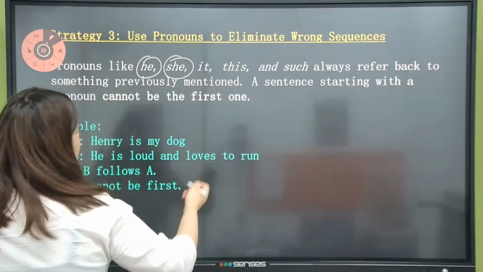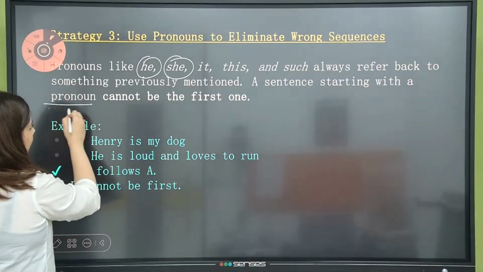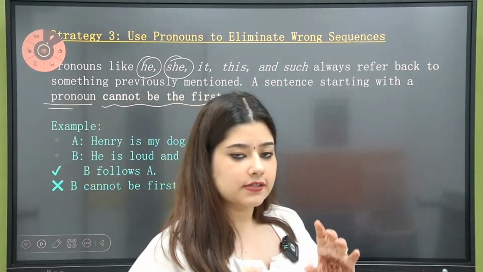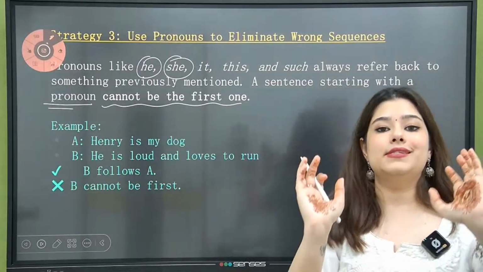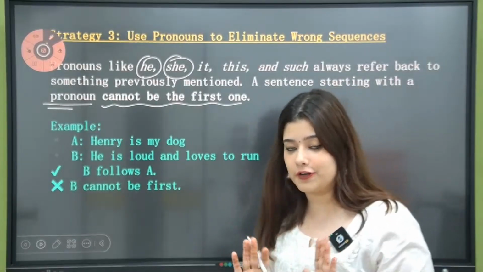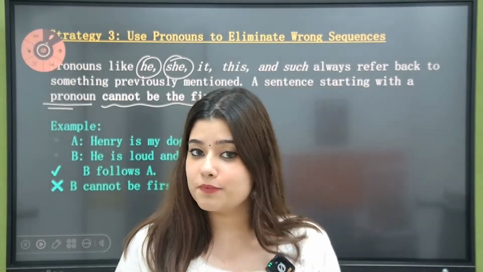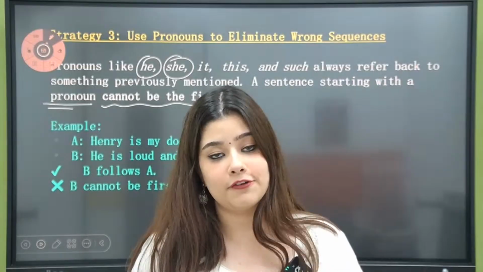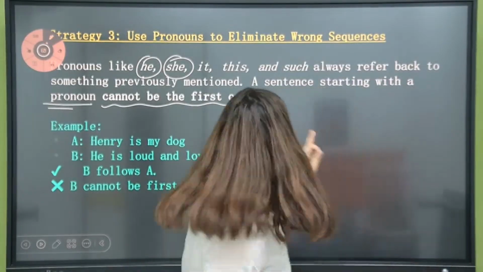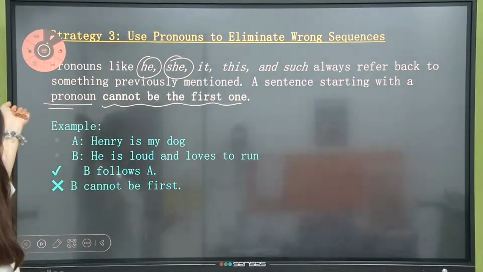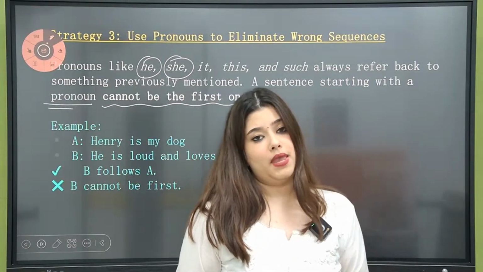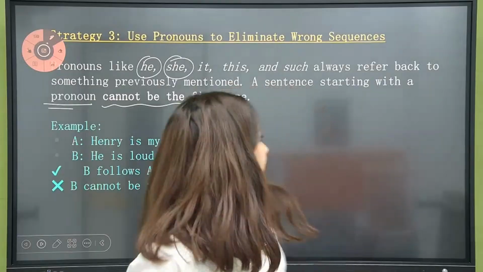So, a sentence starting with a pronoun cannot be the first one because, as we discussed, the introductory sentence should not require any prior reference or context. It should be self sufficient, it should make sense without any prior context. So, it is unlikely that sentences starting with a pronoun would make up an introductory statement.